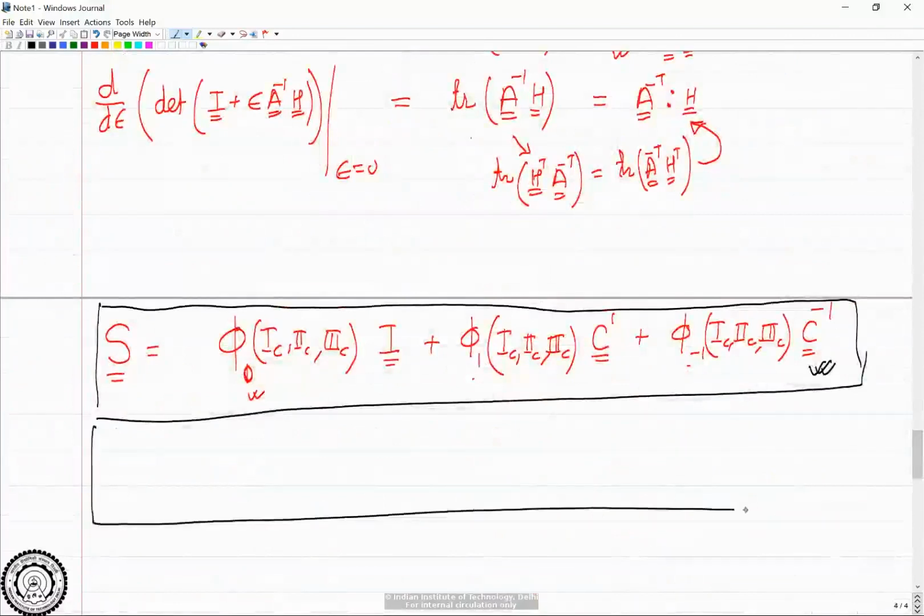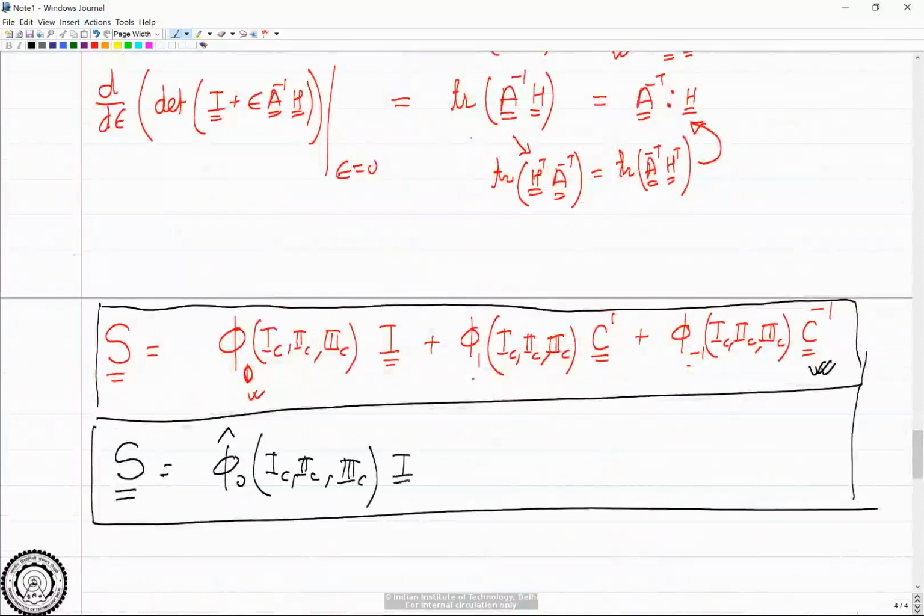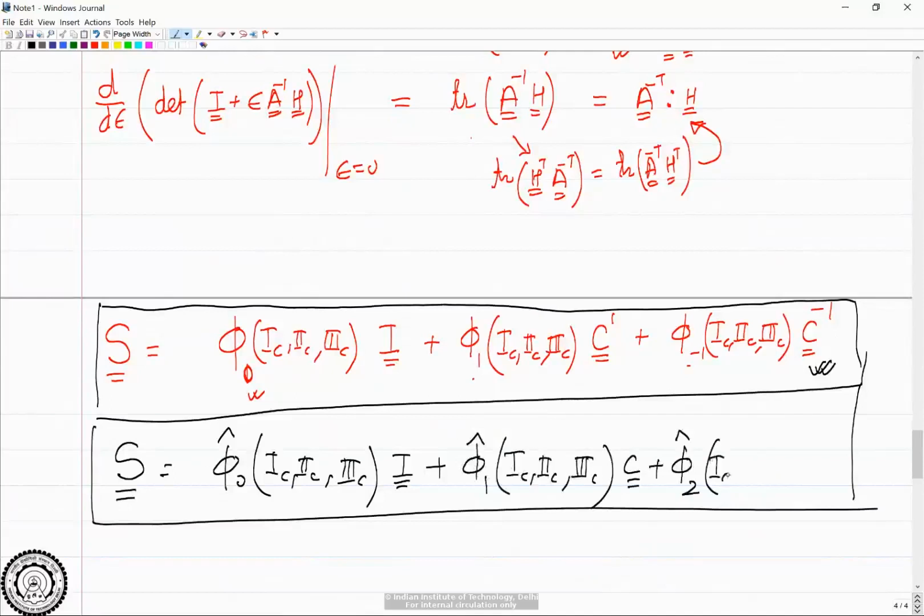And finally, you can write that S is equal to some phi naught hat of IC, 2C, 3C into identity plus some phi 1 hat of IC, 2C, 3C into C plus some phi 2 hat of IC, 2C, 3C into C square.